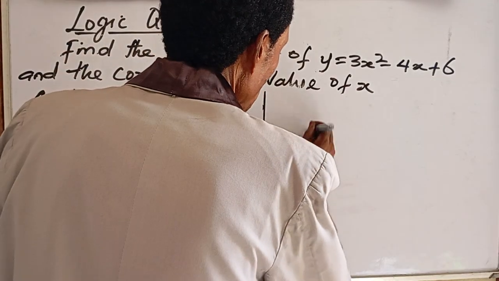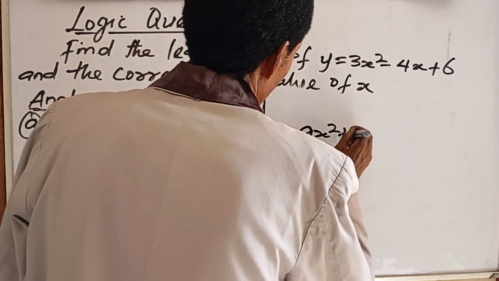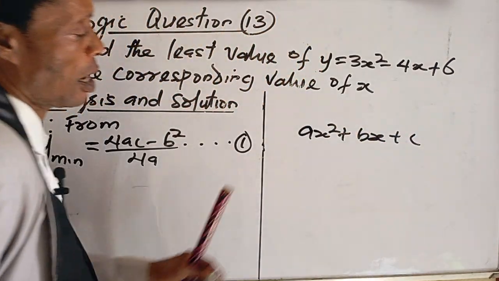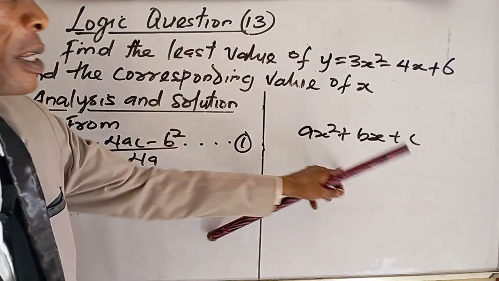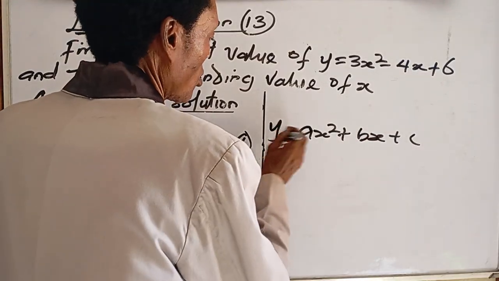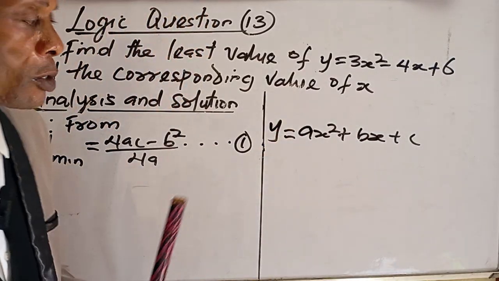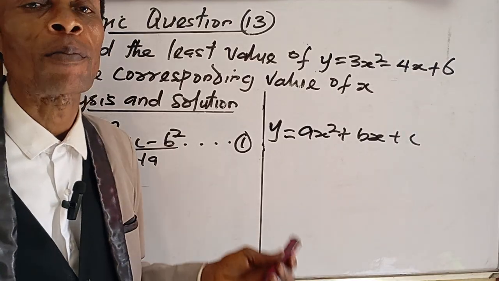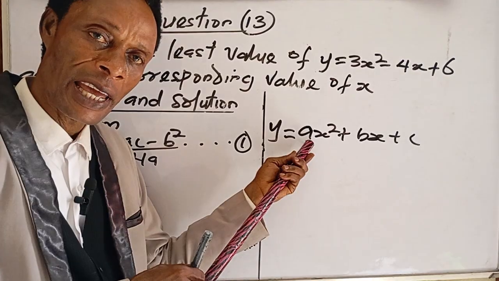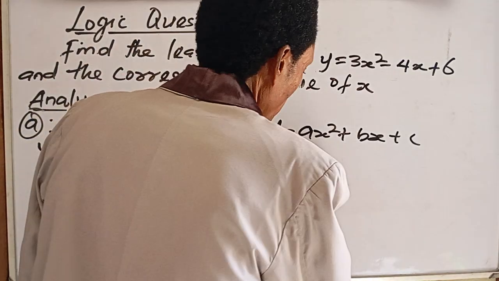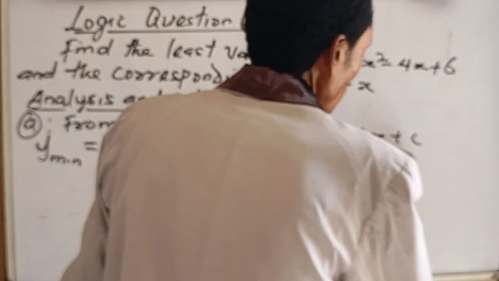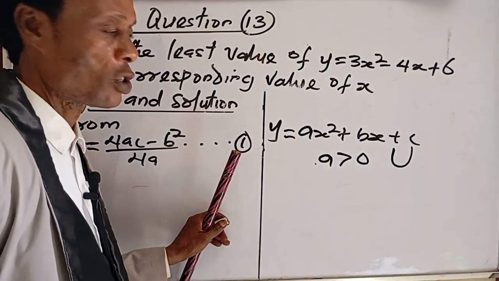So that does it. I just want to show you something. You know that this is ax squared plus bx plus c. Now this is a quadratic format. You can equally say y equals this. So the value of y, which is either minimum or maximum, depends on the value of a here. If a is greater than 0, then we have a U-shaped curve.